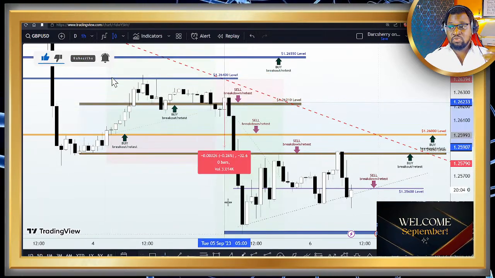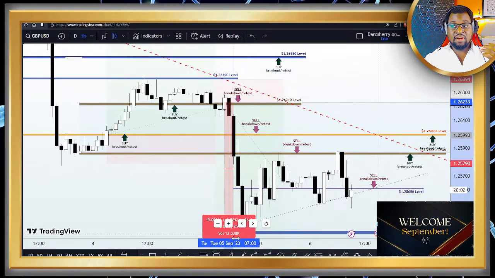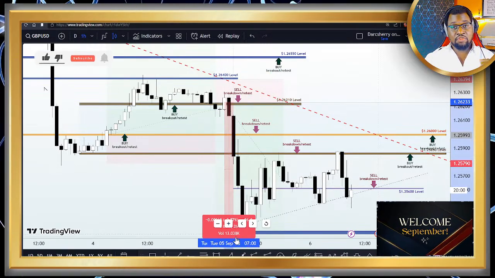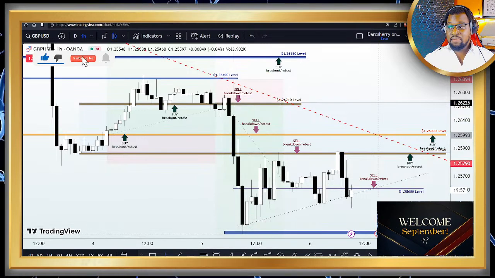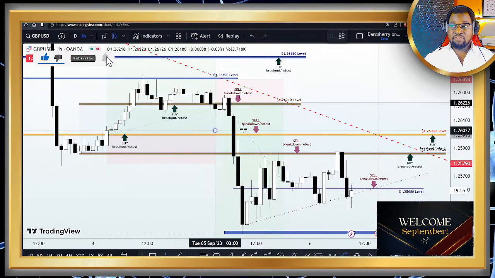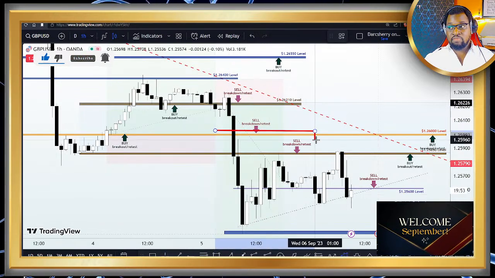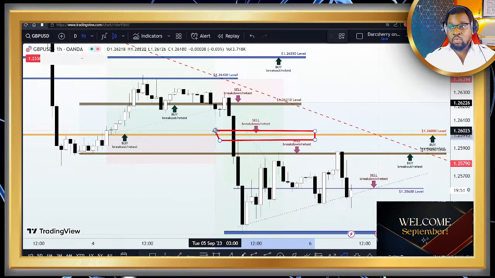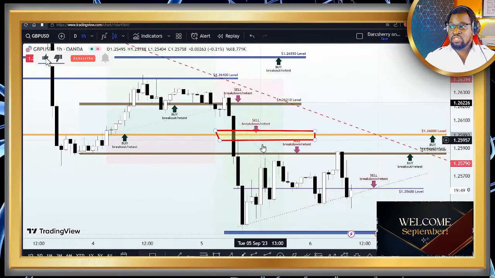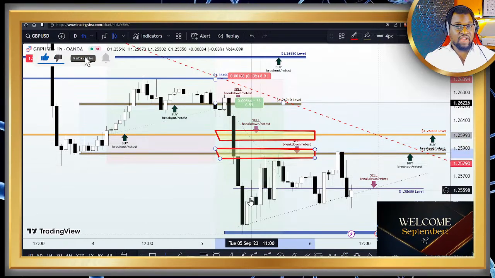As you can see, the first position alone went as far as about 100 pips before the bullish momentum began. And remember that we had multiple levels on this asset. We sold at the breakdown of the 1.26 and of course the 1.25850 level.